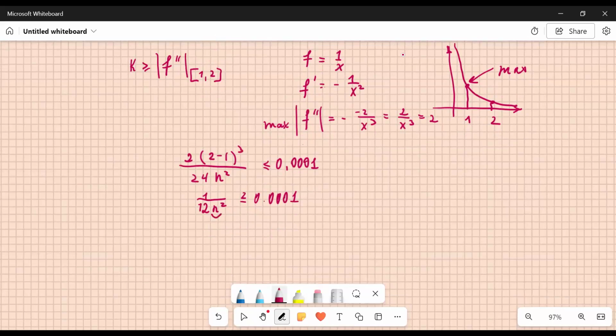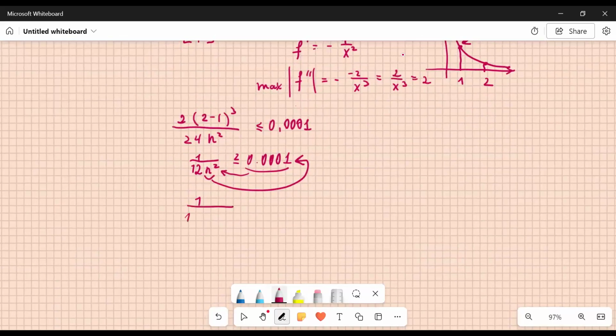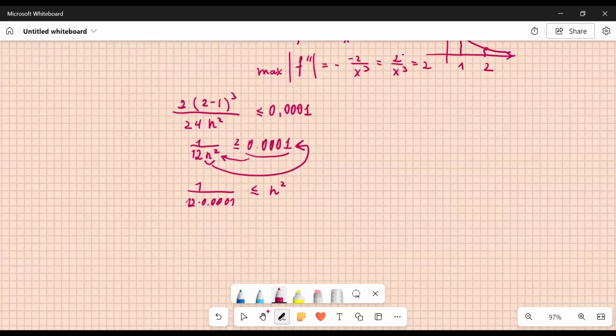What I'm going to do, guys, I'm going to bring n squared here, and I'm going to bring this expression into the denominator here. So I have 1 over 12 times 0.0001, and n squared. And usually, guys, your number is supposed to be greater than something. That's just the correct direction of the inequality. Well, to find n, we are going to extract the square root of our expression, right?